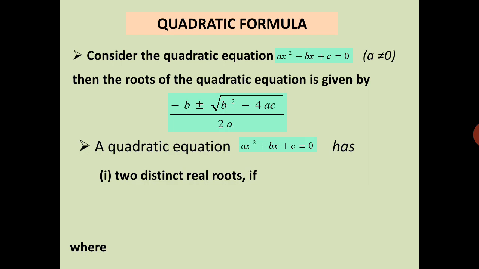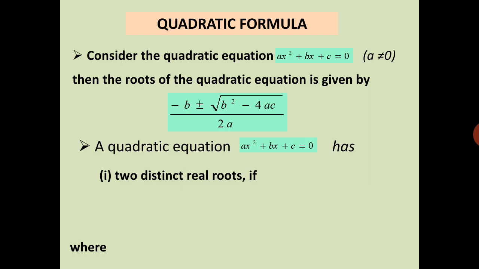Depending on the value of b square minus 4ac, three conditions are there, and on those conditions the number of roots depends. We already know that for a quadratic equation, at the most you can have two roots. So let us see the conditions.